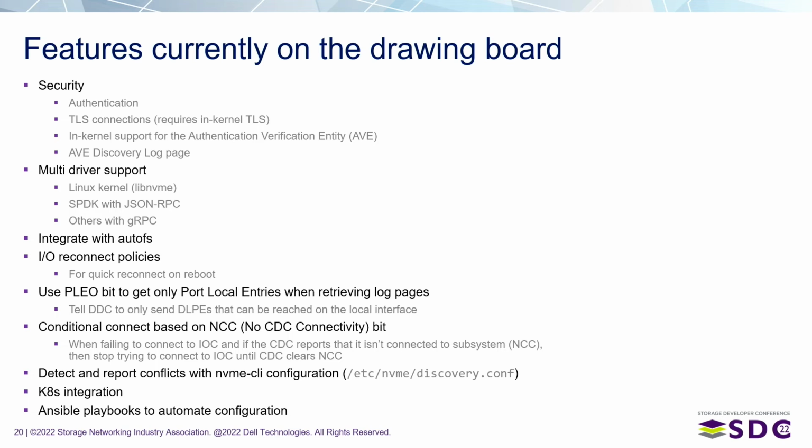This is information to the host: if IOs are going fine to that subsystem, that is a connectivity issue between the CDC and the subsystem and has nothing to do with the host. But if the host also doesn't see the subsystem anymore, don't try to reconnect, because it means that subsystem most likely really went offline.